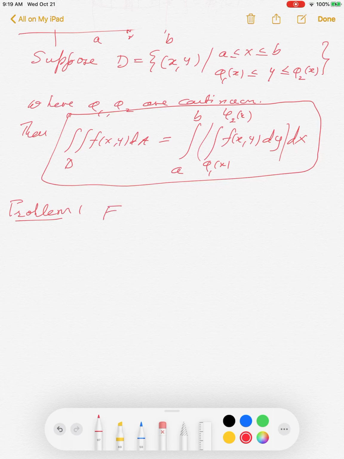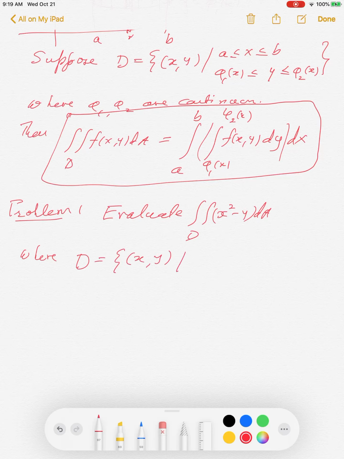Problem 1, evaluate the double integral of x square minus y dA over the region D, where D is the set of all points (x, y), where x is between -1 and 1, and mod y is less than or equal to x square.